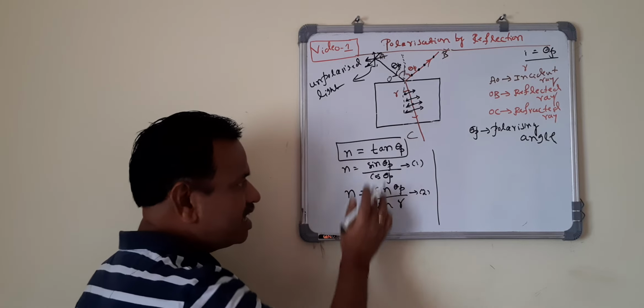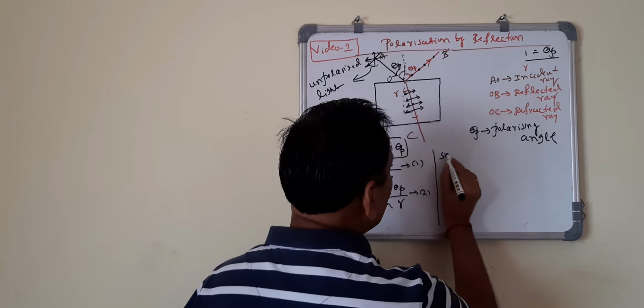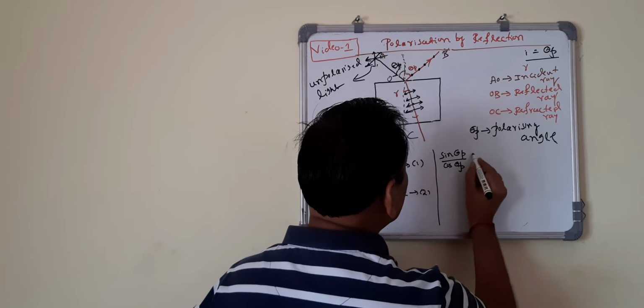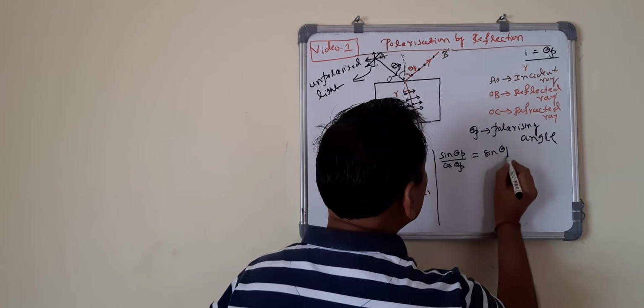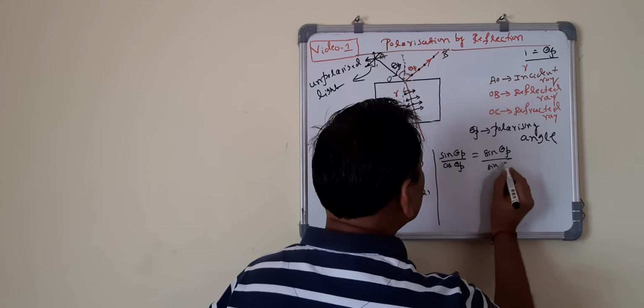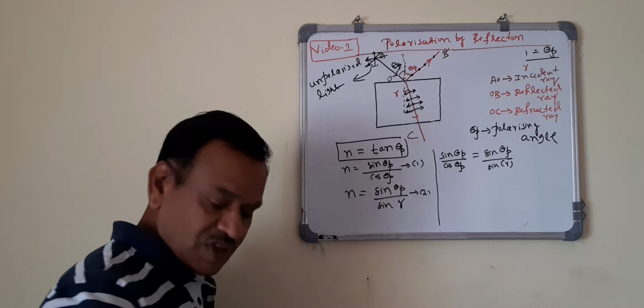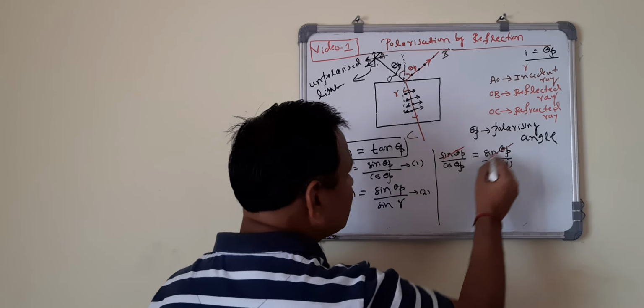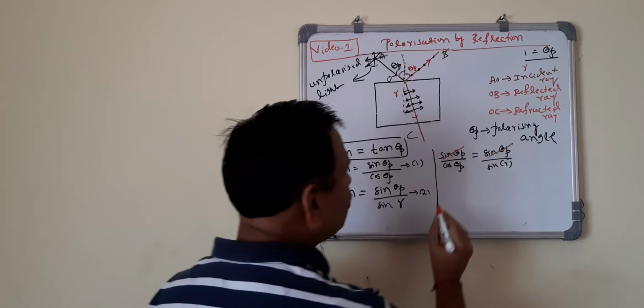The LHS are the same, so the RHS should be the same. Sin theta p divided by cos theta p equals sin theta p divided by sin r. Now the sin theta p factor cancels. What is left?